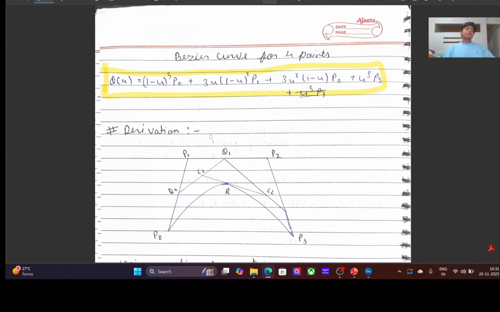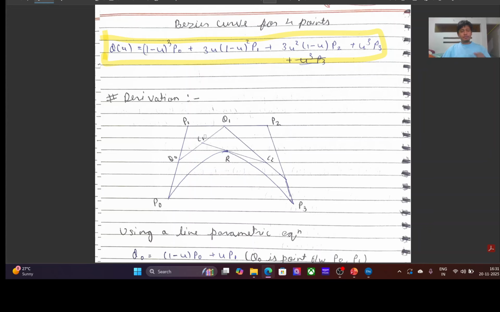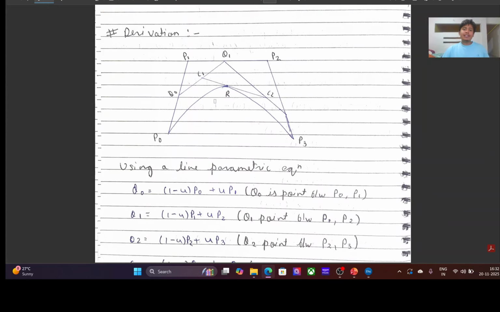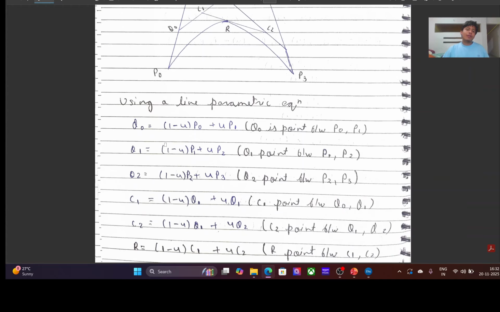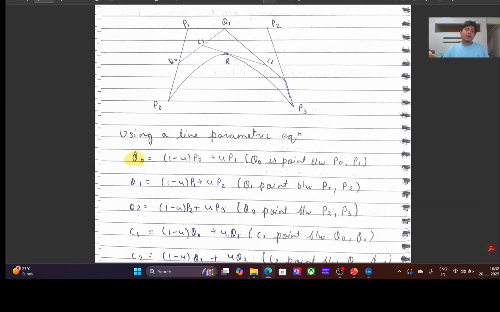I don't believe it, I want to prove it, so let's just prove it. So we have this kind of Bezier curve right here, which has 4 control points and we have points inside them. Okay, so first we find q0. So that is the normal formula, 1 minus u times p0 plus u times p1.